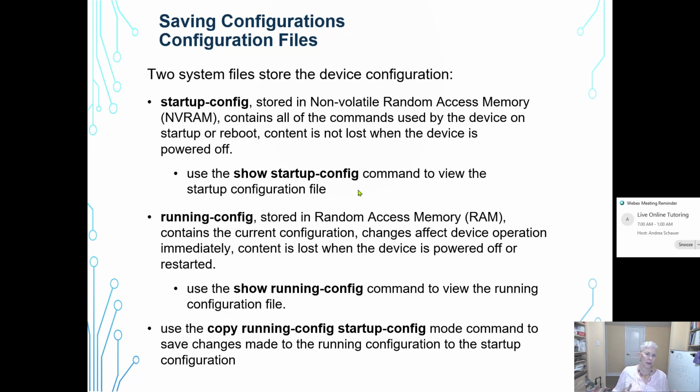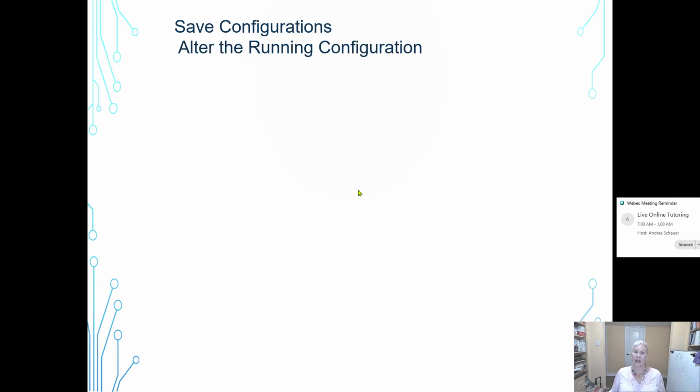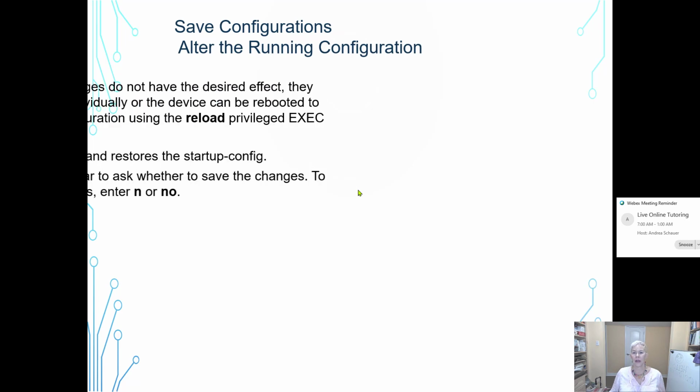It saves it. What you want to take away from this is the startup configuration is permanent. It stays in the memory. The running configuration is what you're changing in the moment that you're typing commands. And if you want to keep that information, you need to do the command copy running-config startup-config. That moves it into the non-volatile storage. Save your configurations after the running configuration.